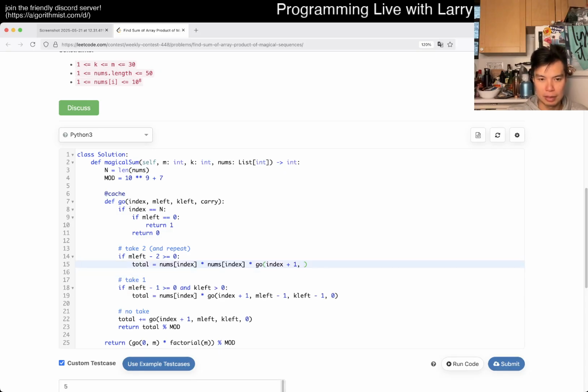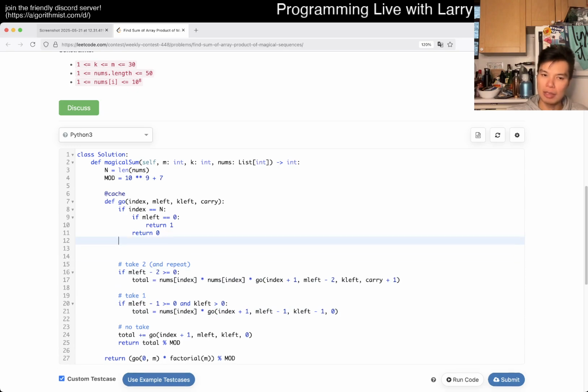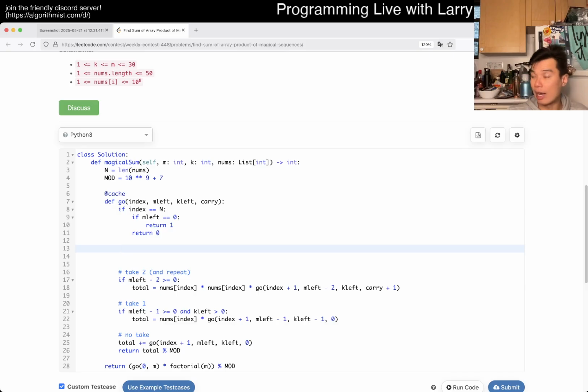Okay. K left does not change, but carry. We have 1 extra carry, right? So we take 1. Okay, so then now how do we deal with carry? So that means that we carry over things, right? So then carry we want to divide by 2, because now, oh no, well, we do eventually, but okay, what does carry mean to the left?